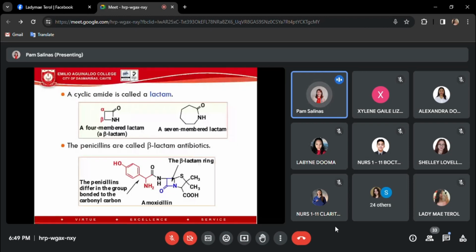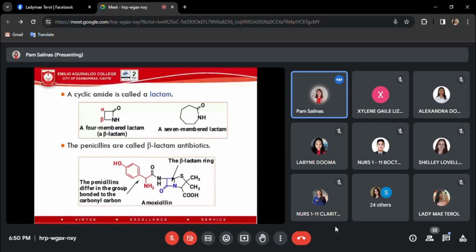Can you see on your screens? Diba? If normal na compound, walang NH dyan, carbon lang siya. So here, this is a cyclic amide because it's a closed chain with nitrogen also and a double bond.